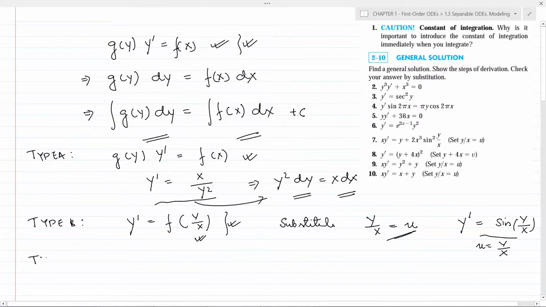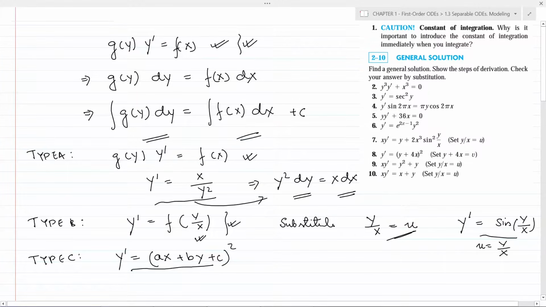There is a third type of differential equation which can be reduced to a separable type. The format is y dash is equal to ax plus by plus c whole square.